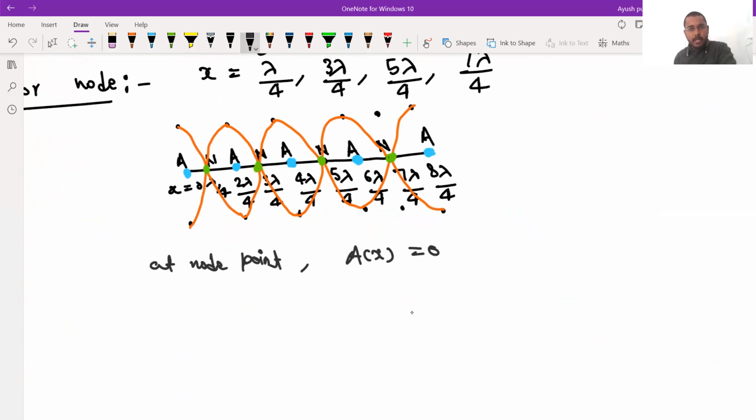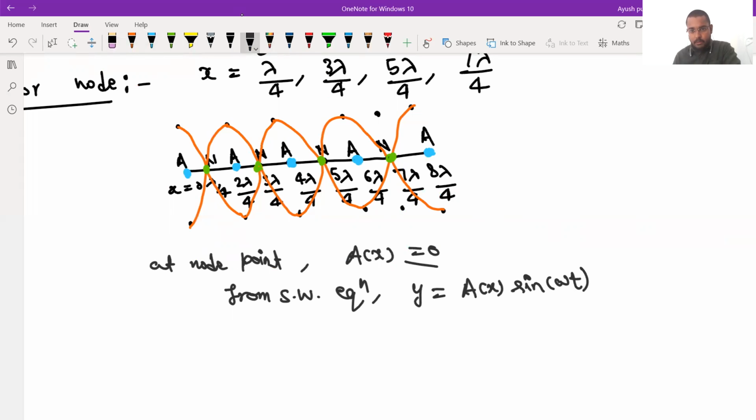If the amplitude Ax is equal to 0, then from the standing wave equation we know that y is equal to Ax sine omega t.